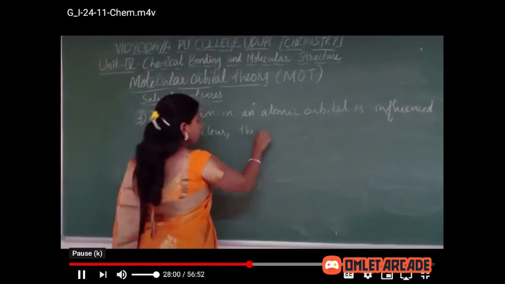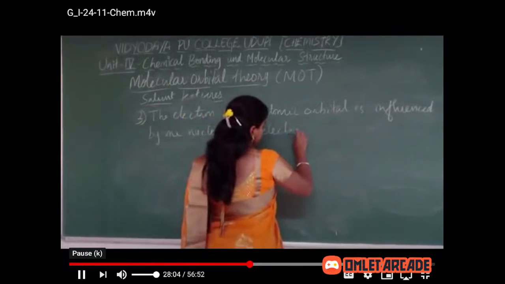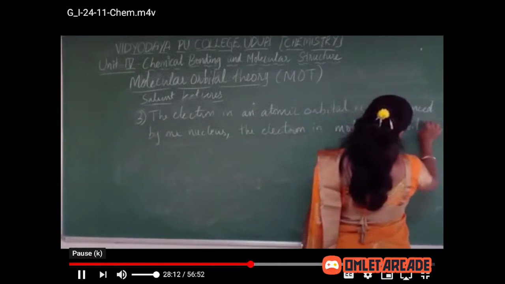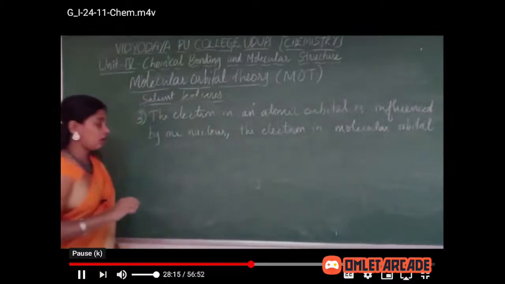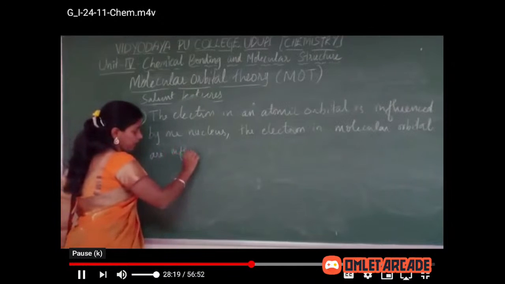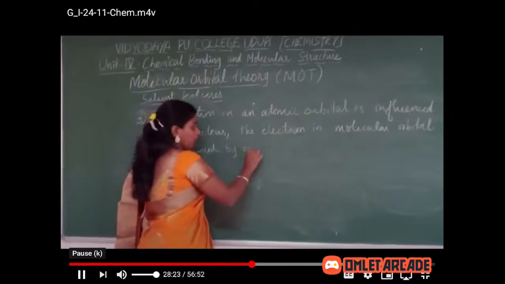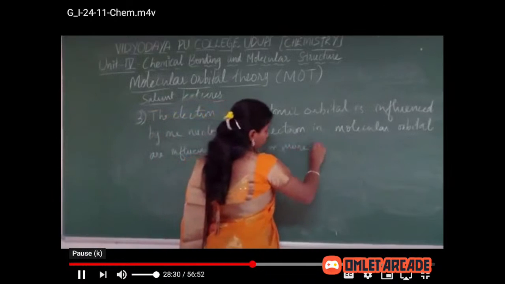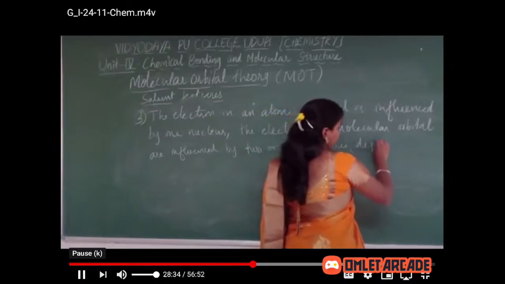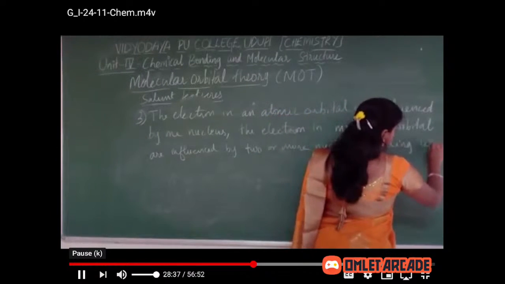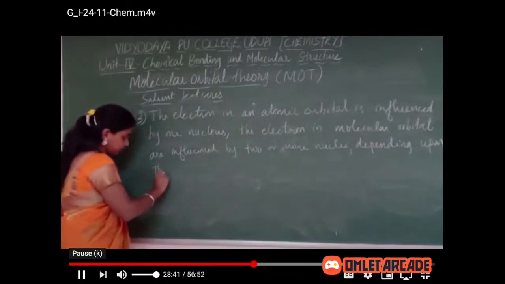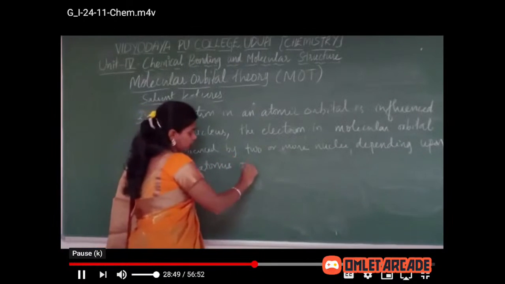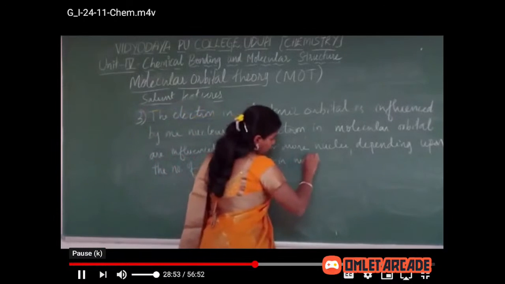The electron in a molecular orbital is influenced by two or more nuclei, depending upon the number of atoms present in the molecule.